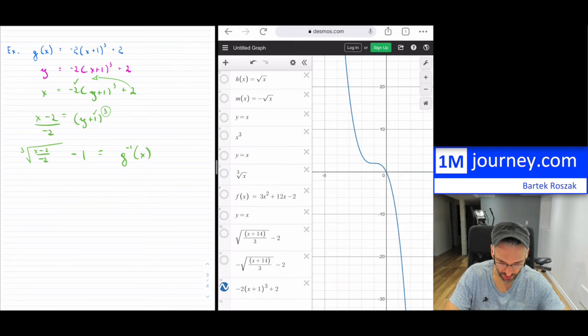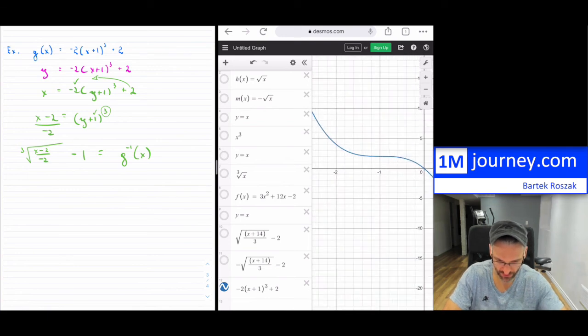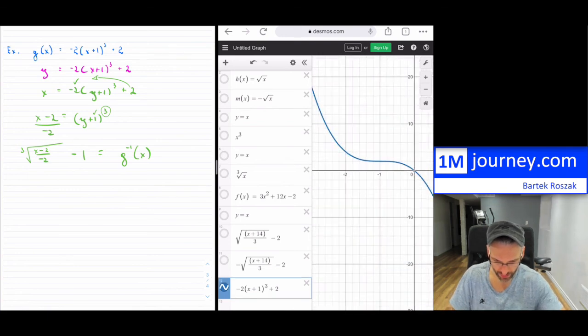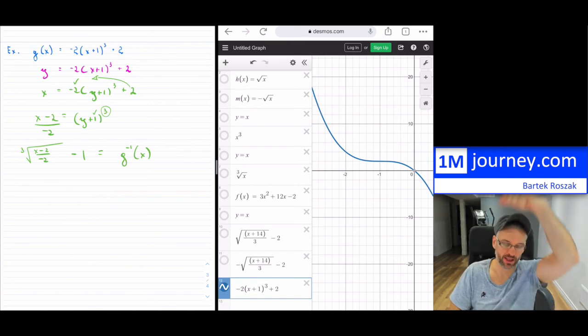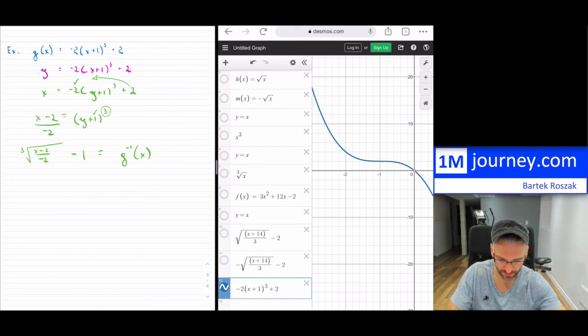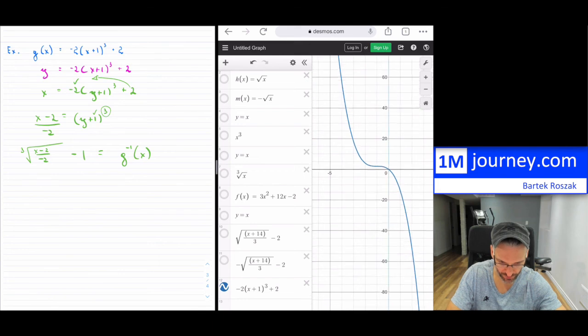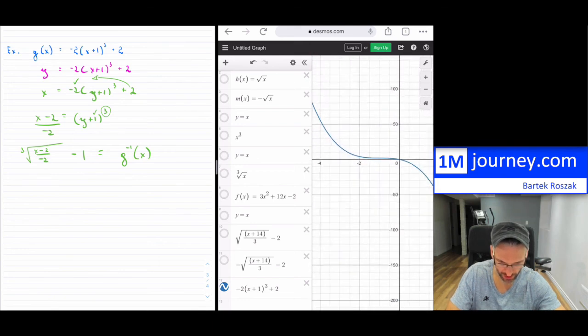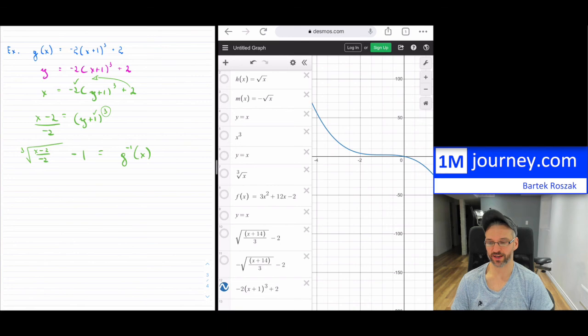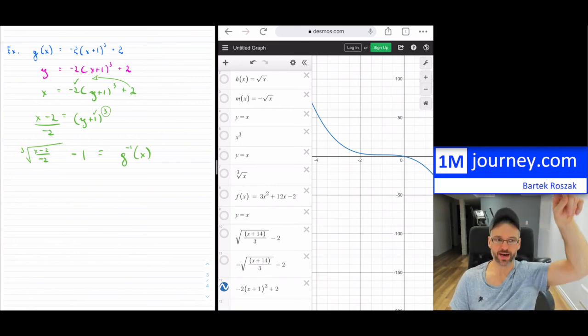Notice, this is what I said, right? It was shifted negative 1 and up 2. That's where it gets shifted, and then it gets stretched out. So it looks like that. And notice the reflection because of the negative 2, because the regular cubic would have looked like that; it would have gone from the bottom through 0 and up. This one goes this way because it's negative 2 in there.